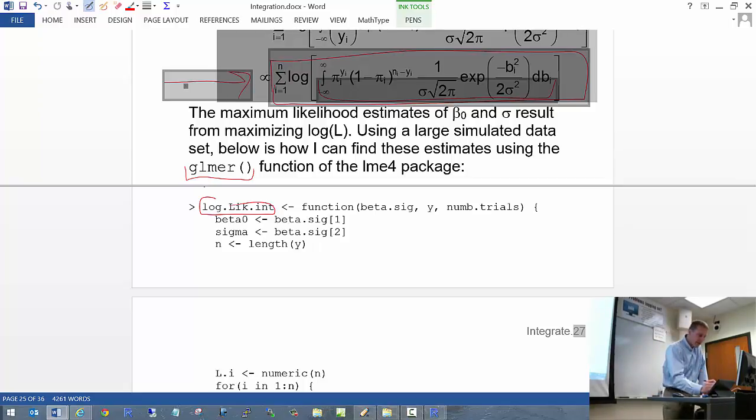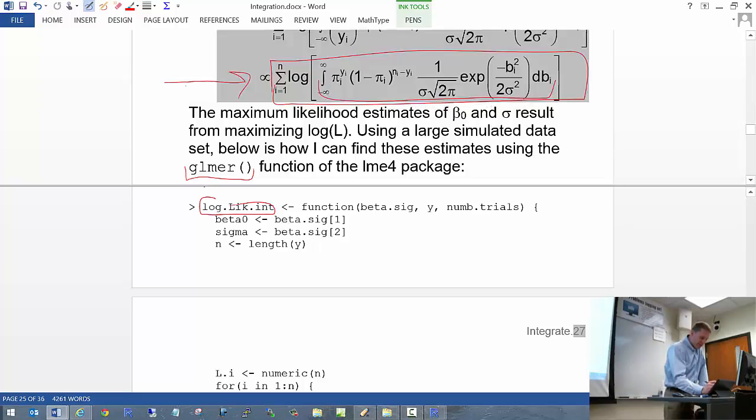First of all, there are two parameters of interest for us, beta 0 and sigma. I'm going to put them into a vector, just like how optim needs it. I'm also going to put in my y data and the number of trials per observation.